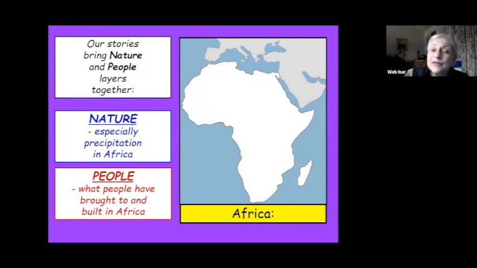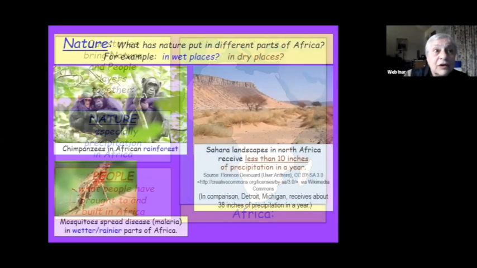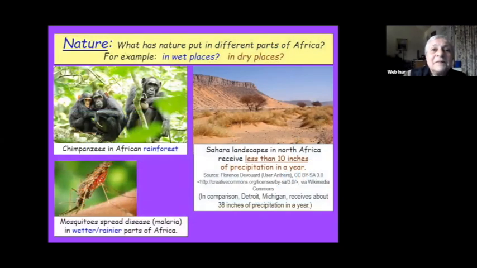One thing that we will focus on, a nature layer in Africa, is precipitation. But the story gets built because we're going to show nature layers and people layers together with each other.